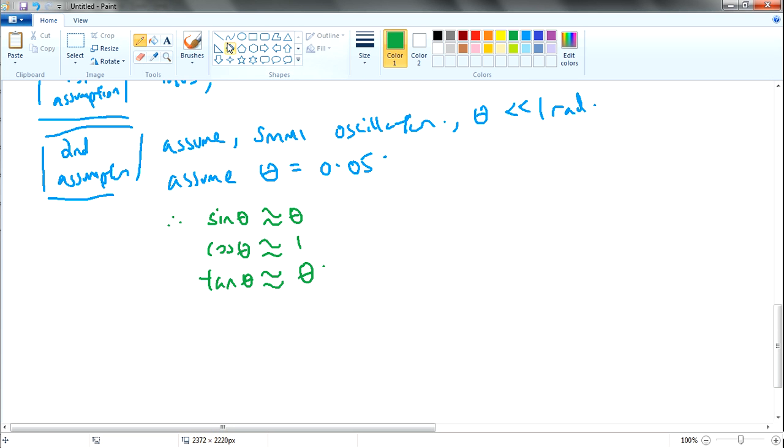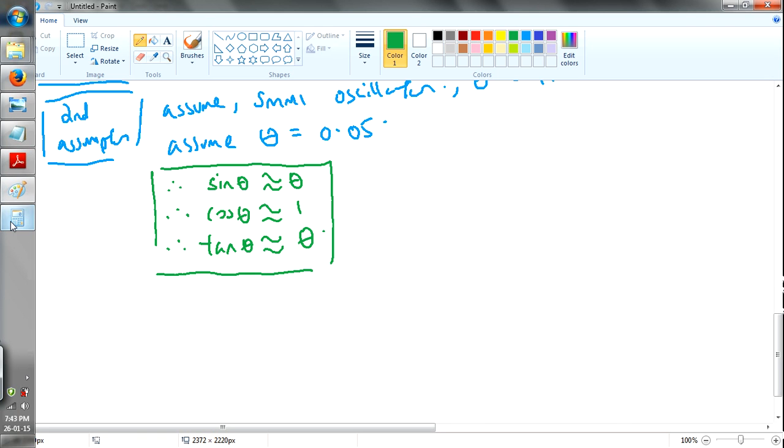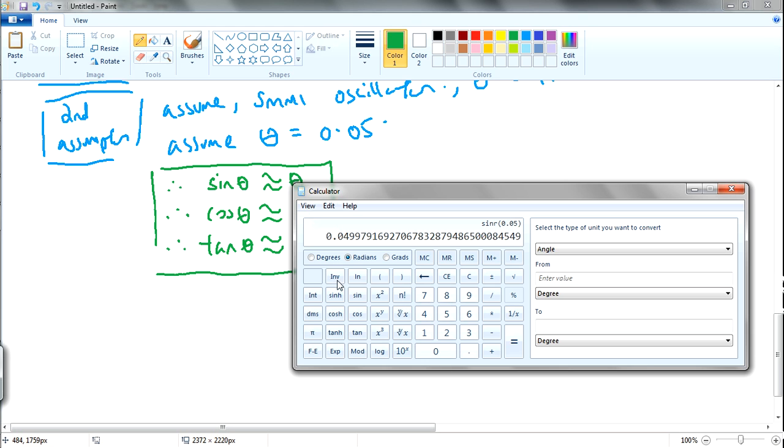One good technical tool is that if the angle in radians is very small, and you type sine 0.05 in radian mode, you will get 0.0499 something, so it's eventually somewhat 0.05.